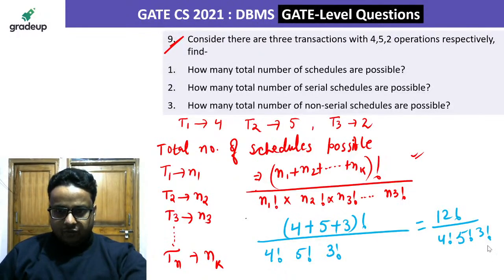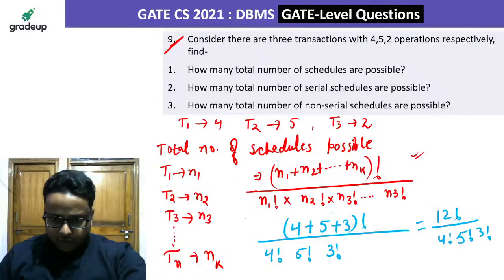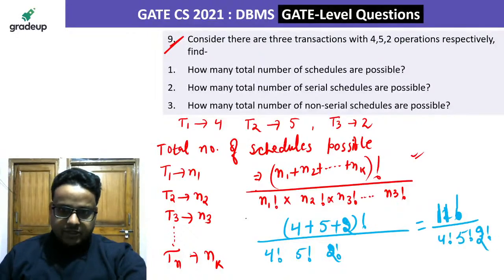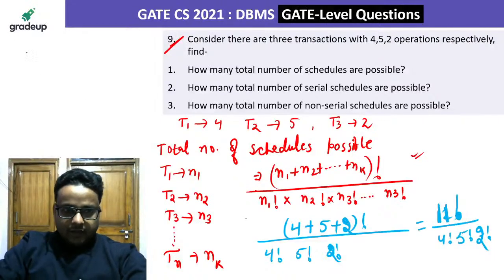Sorry, it is 4, 5, 2, so 11 factorial, and this will be 2. By mistake I had written 3. So it will be 11 factorial divided by 4 factorial, 5 factorial, 2 factorial.